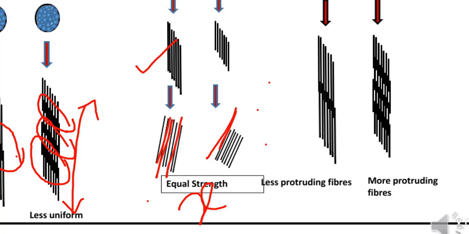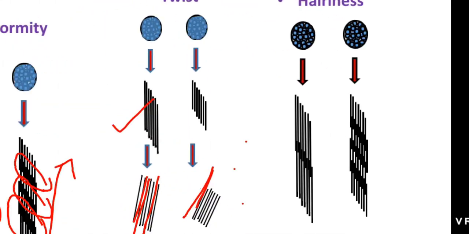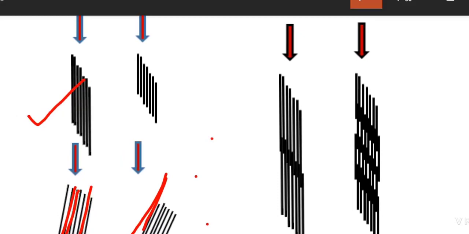The next property which is decided by length is hairiness. In this picture again the same has been shown. Two yarns are there. The count of yarn is the same. One is spun with longer length fiber and the other with short length fibers. Now, what exactly is hairiness? Hairiness is the number of protruding fibers from the body of yarn.